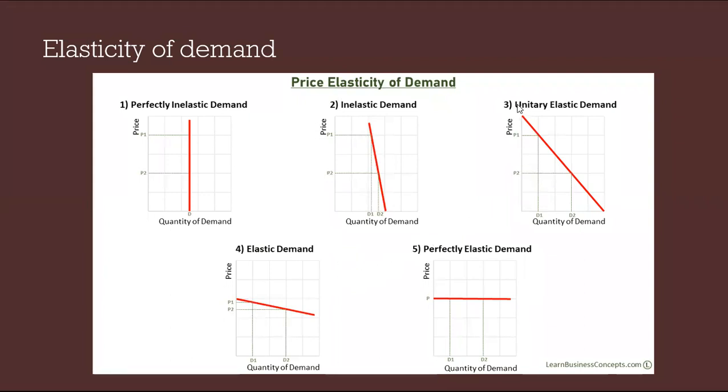When we are talking about the fourth one and the fifth one, we are talking about some impossible scenario. In perfectly elastic demand, the demand fluctuates while the price is very stable.